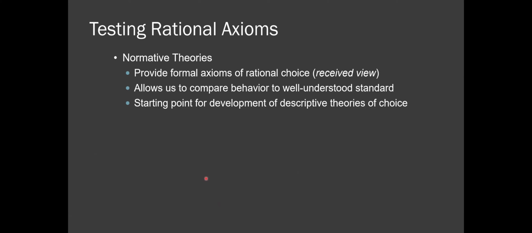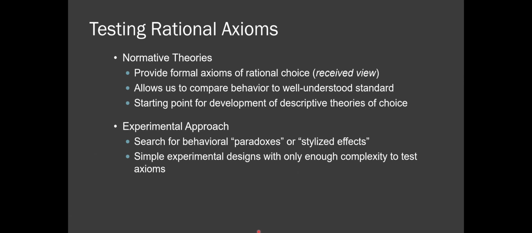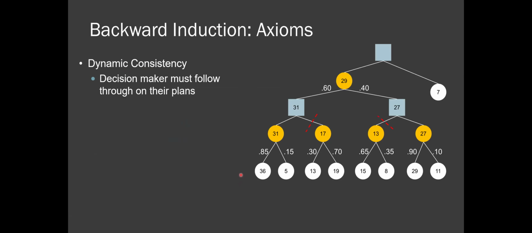Now, one traditional approach to studying dynamic decision making has been to focus on these normative theories because they provide formal axioms. We can compare behavior to this well understood standard, and then we can use this as a starting point for developing descriptive theories. And under this experimental approach, people use very simplified experimental designs that are meant to test these axioms directly.